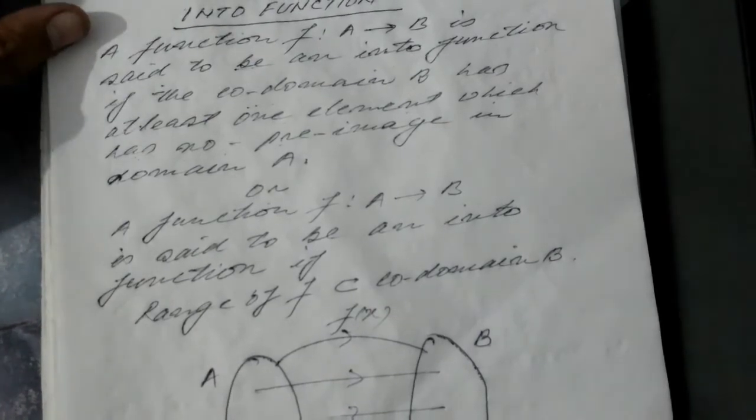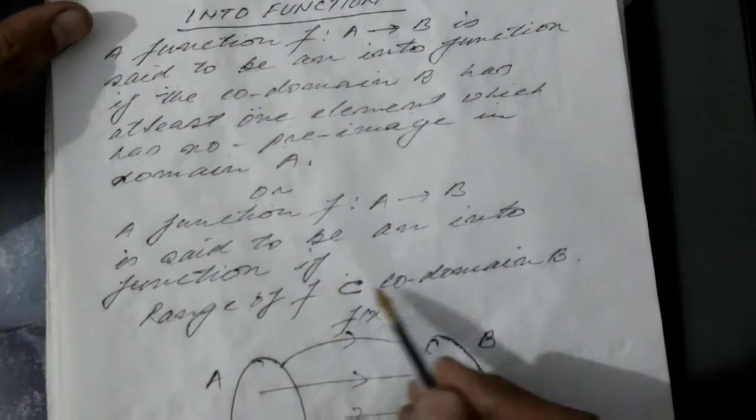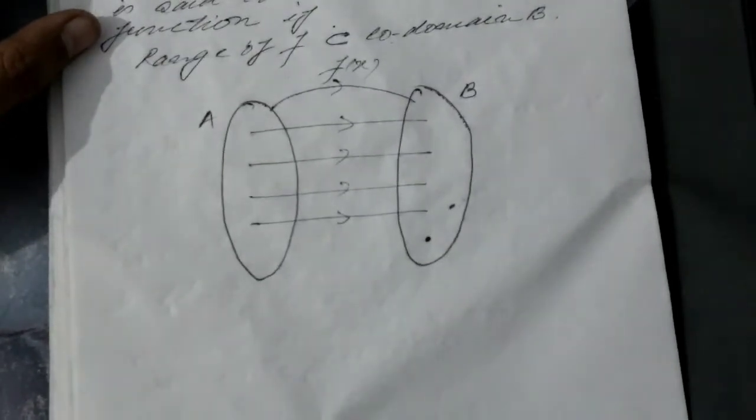So in this way, the range of function f must be a proper subset of codomain B.